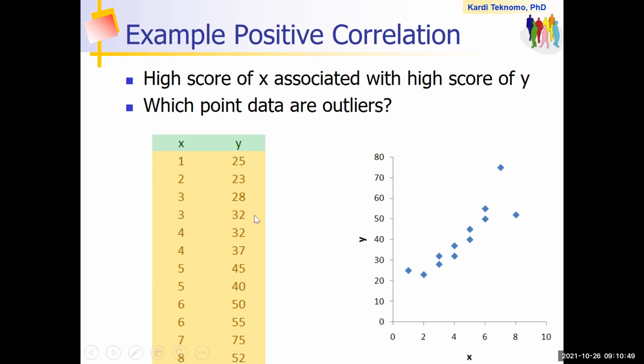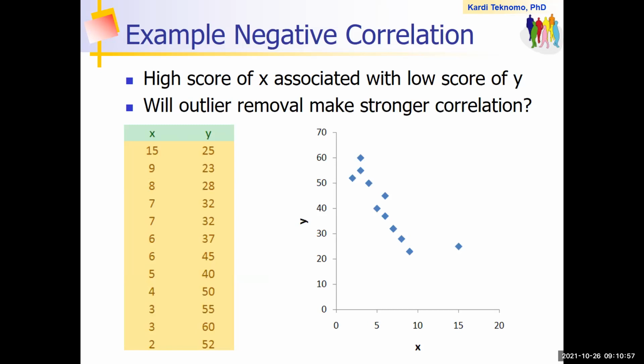So positive correlation in the graph is like this. How about negative correlation? Negative correlation means from the top left to the bottom right. So this is the trend, downtrend. Represent negative correlation.